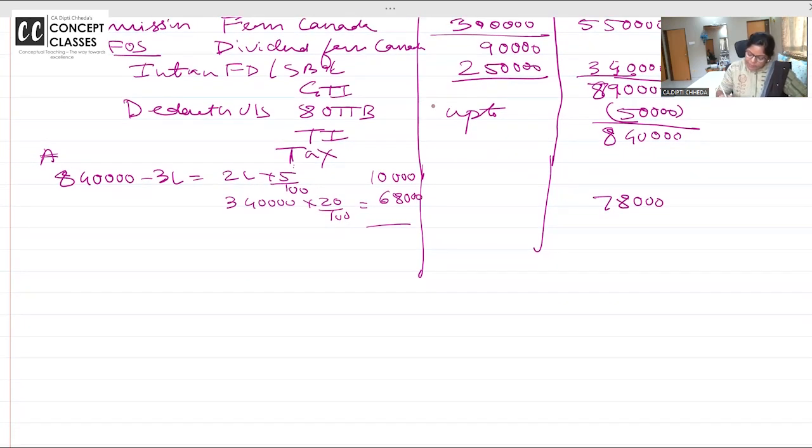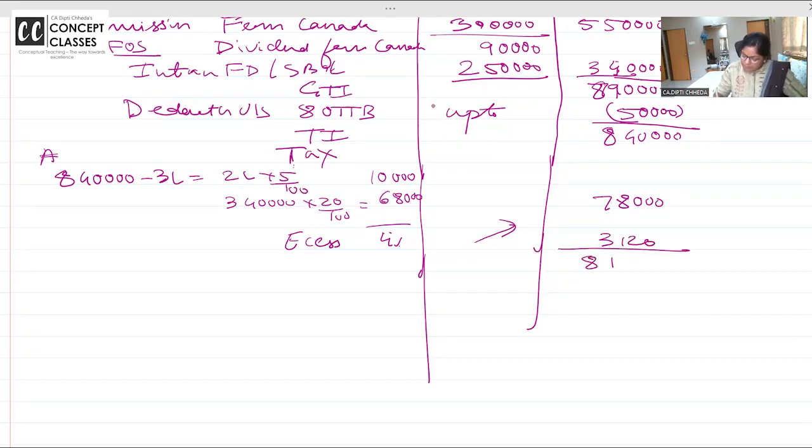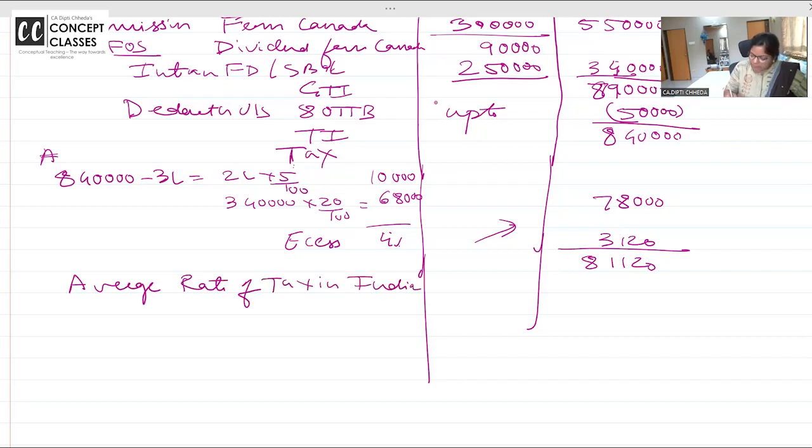On that, 4% e-cess. Okay, thank you so much for giving the answers in advance. 81,120. So calculate the average rate of tax in India. Average rate of tax in India is 81,120 divided by 8,40,000.